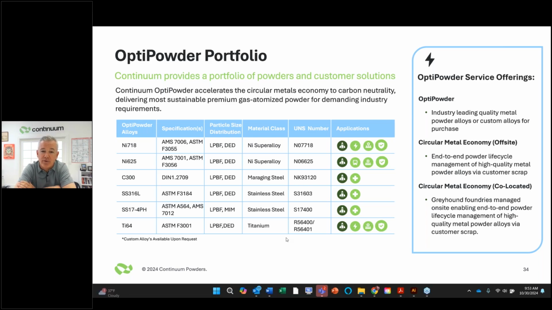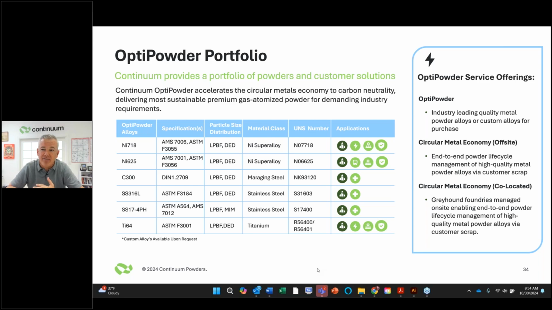Then we take their scrap from a repair facility, or from the additive facility that has spare powder, failed builds, whatever it may be, and we say, let us take care of that for you. We will re-atomize that back into ASTM or whatever the spec is that the customer wants, and then give it back so they can use it in any and all of their additive manufacturing or advanced manufacturing applications.